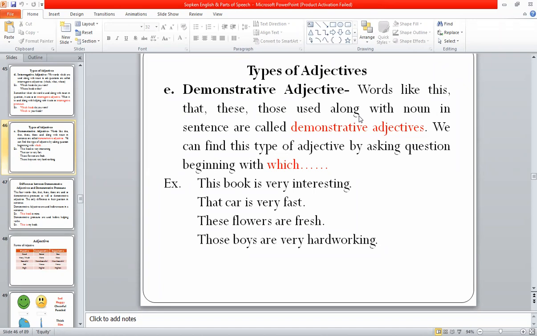Then the next is "That car is very fast." If we ask a question starting with which, which car is very fast, it will answer that car. So that is the demonstrative adjective.